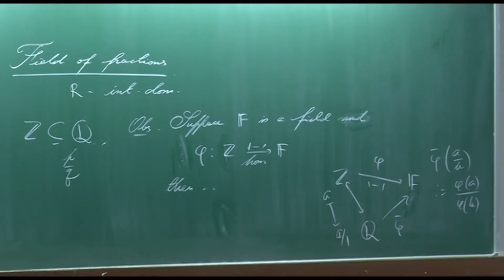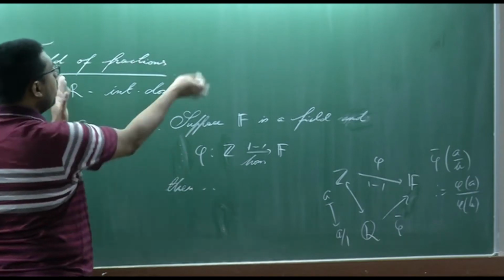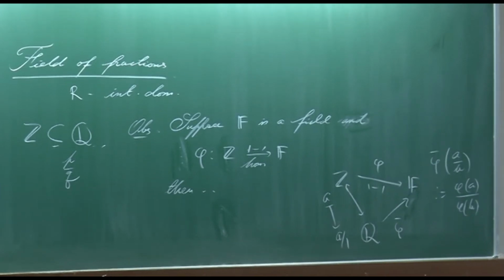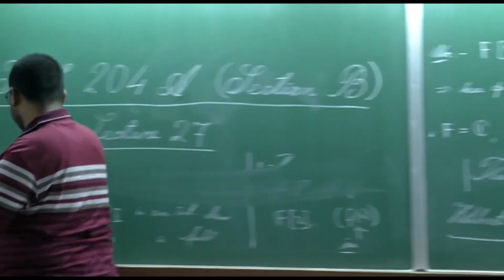Now, what we are going to do is generalize this phenomenon for any integral domain. Okay. So, given any integral domain R, we are going to show that there is a field, let us say Q, such that whenever... so let me write it better. I will explain the heuristics as well.